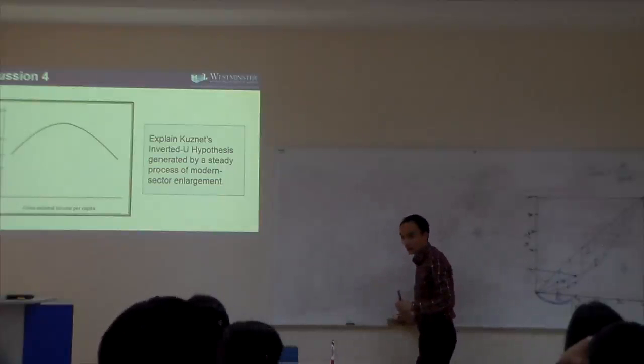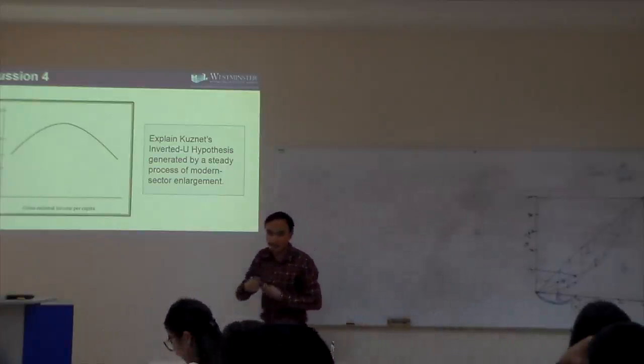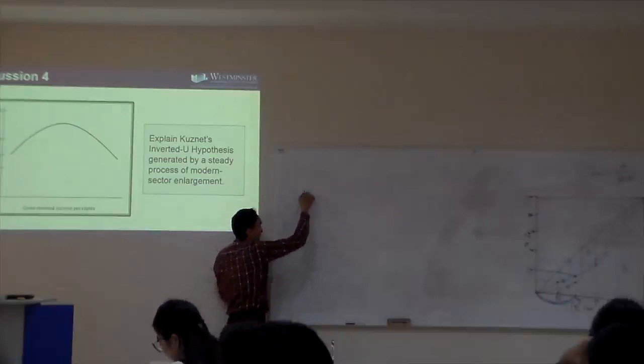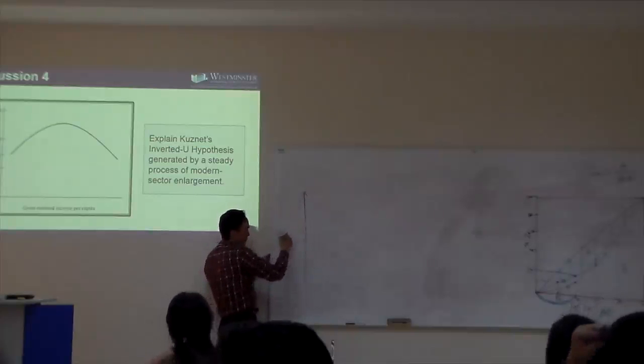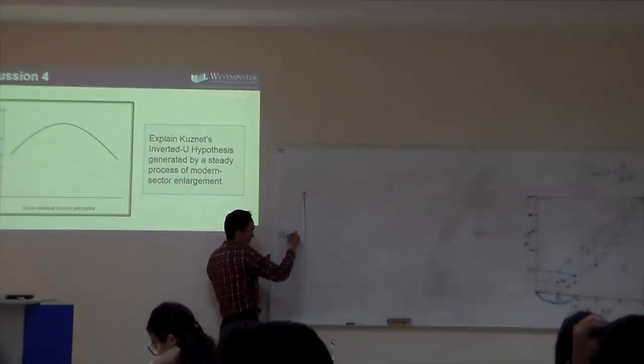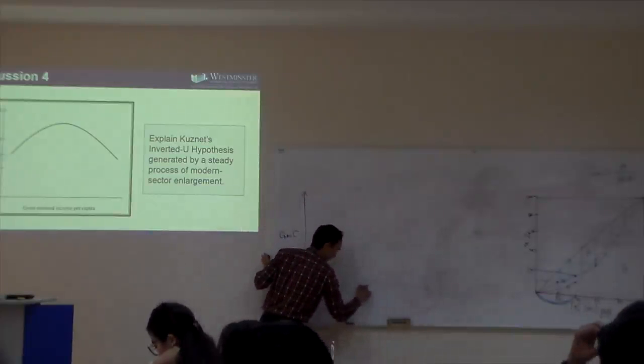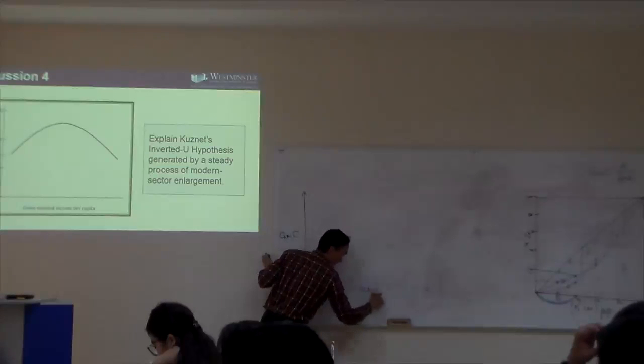What is his argument behind his hypothesis? He argues that the vertical axis represents the Gini coefficient, and the horizontal axis represents GNI, gross national income.